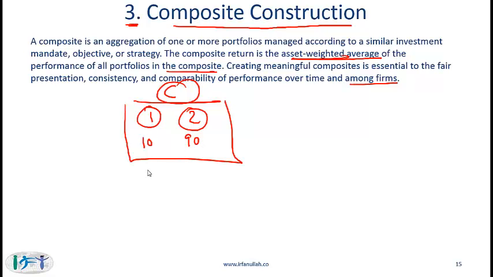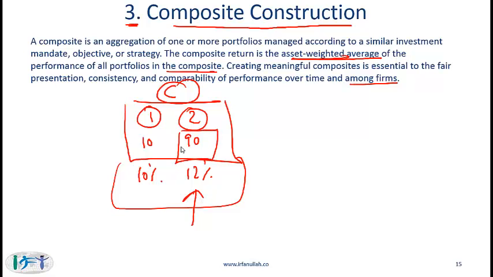If portfolio 1 had a return of 10% and portfolio 2 had a return of 12%, then when we report the overall return for this composite, the 12% return should have a 90% weightage. So the overall return for the composite will be much closer to 12% than to 10%.